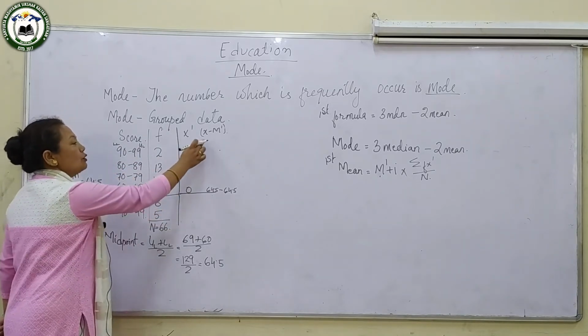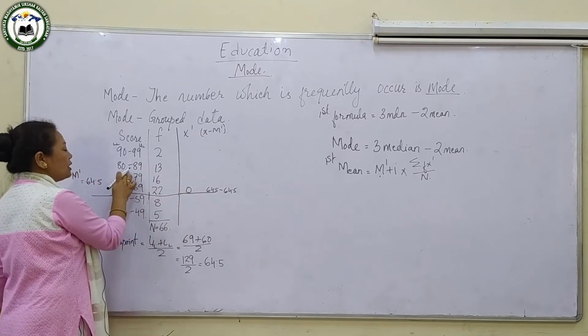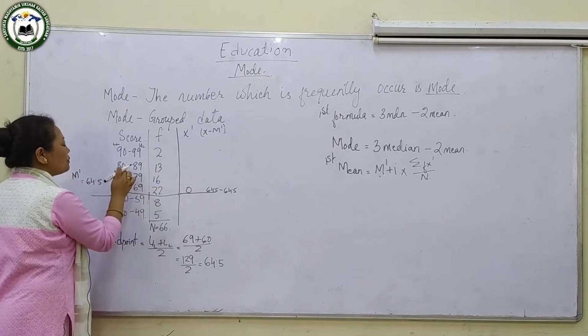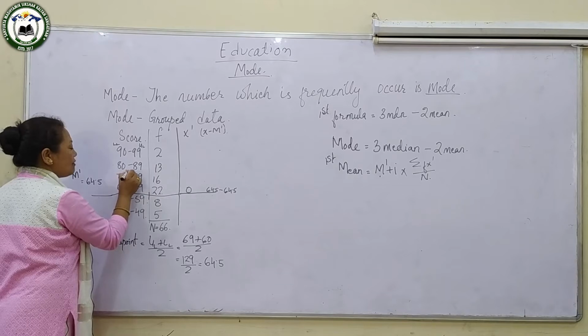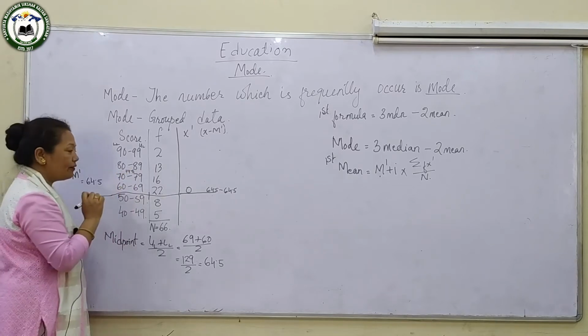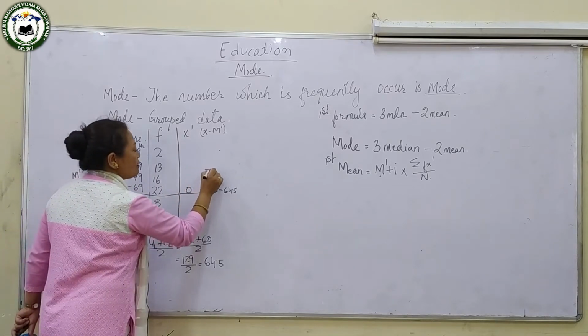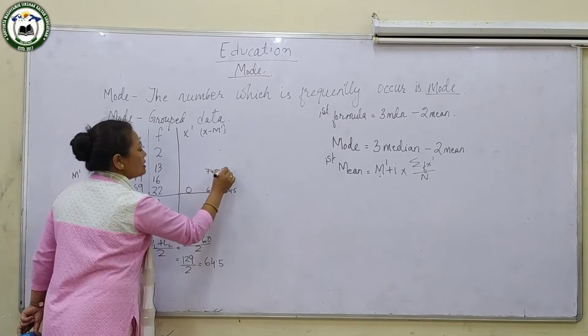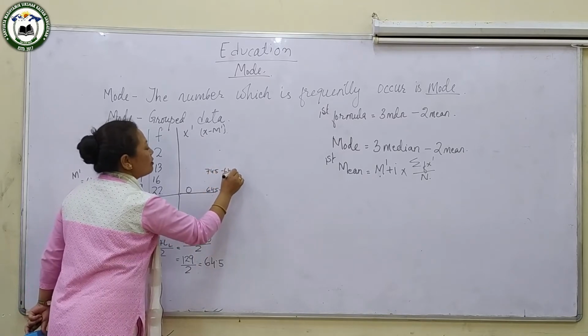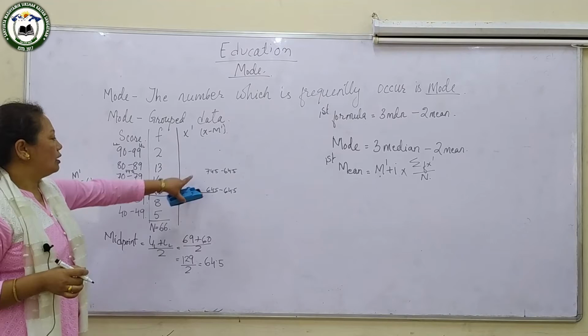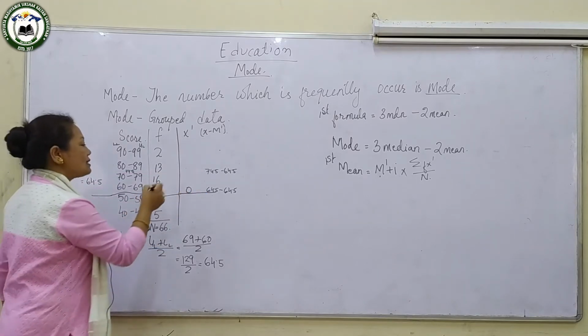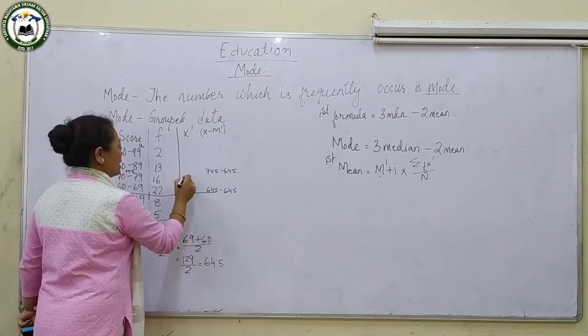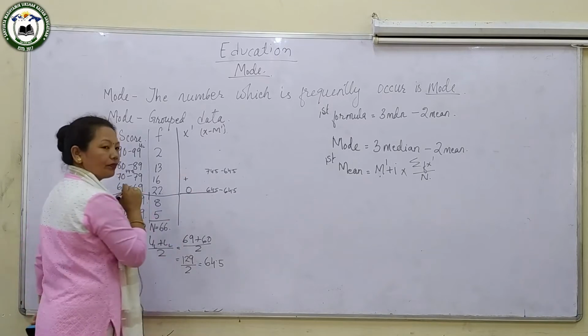What you do is, you take out the midpoint of this class. So, the midpoint of this class may be 74.5. So, write down 74.5 minus 64.5. That means the greater number has a plus sign, so it will be plus.